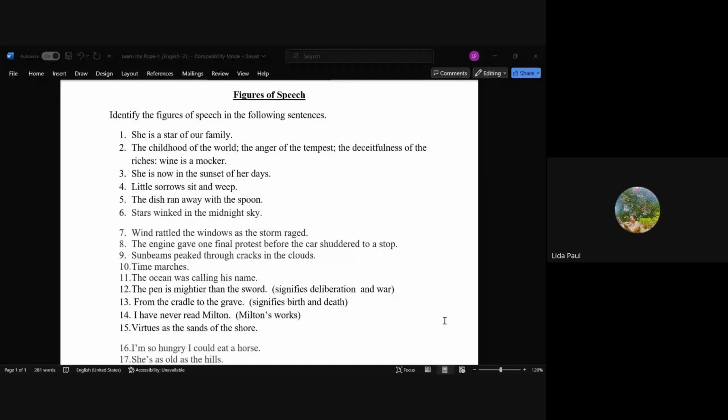So like a human. So again, this is what? Personification. Yeah, right. Okay. The engine gave one final protest before the car shuddered to a stop. Personification again. Same, right?